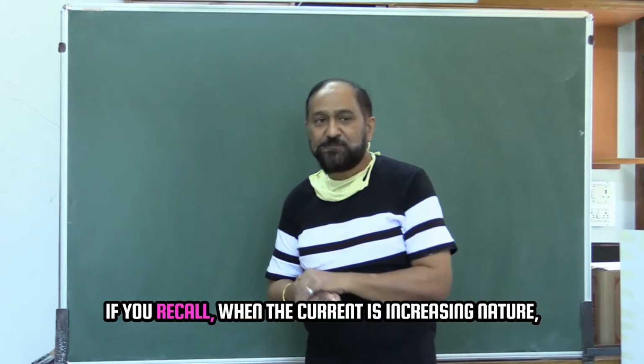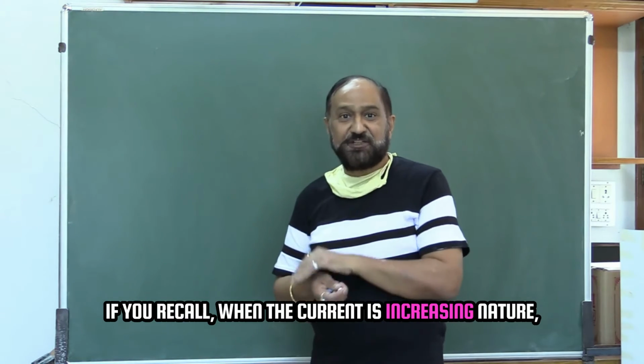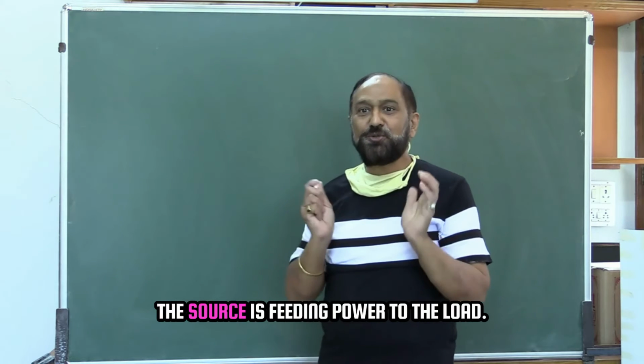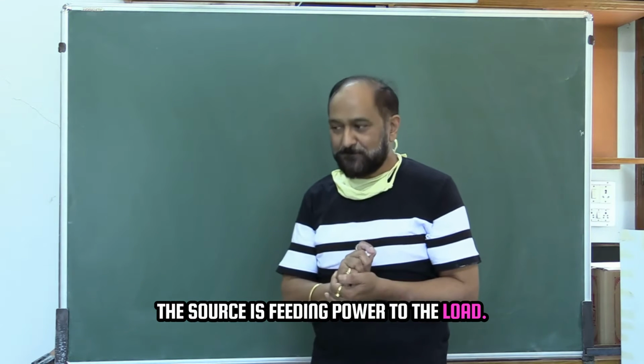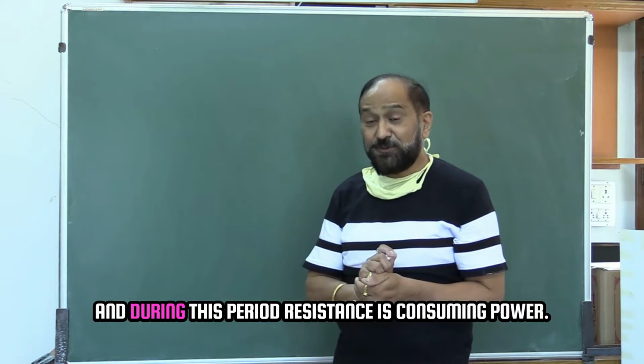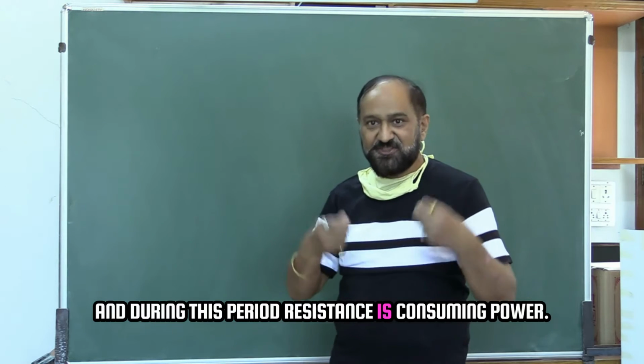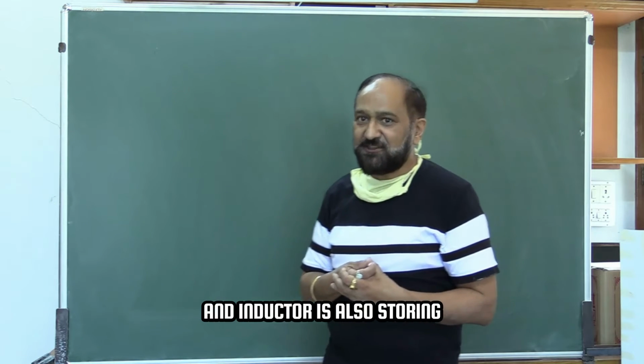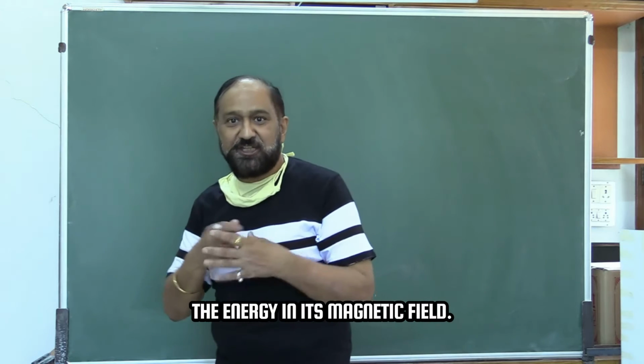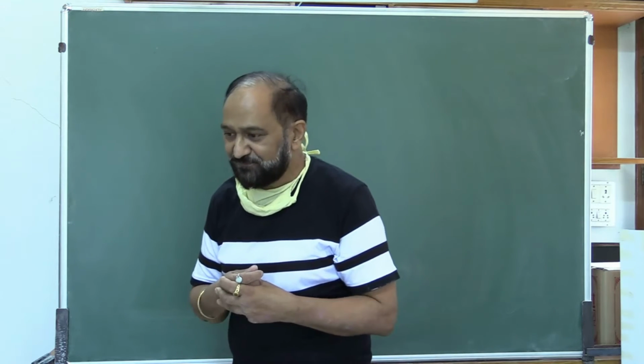If you recall, when the current is of increasing nature, the source is feeding power to the load, and during this period the resistance is consuming power and the inductor is also storing energy in its magnetic field.